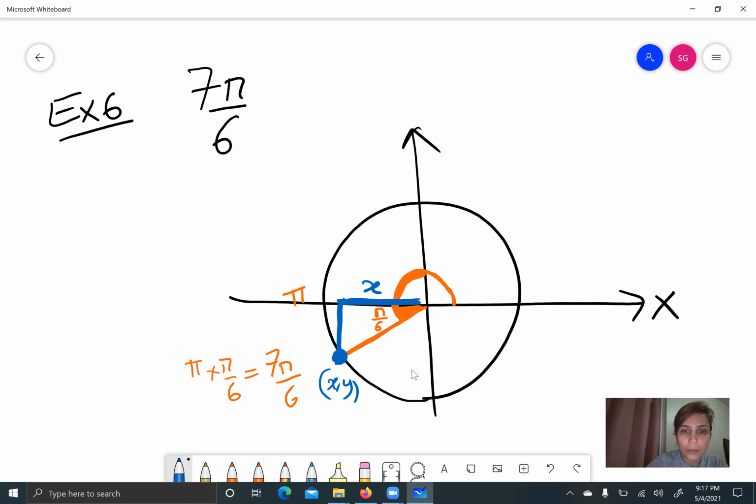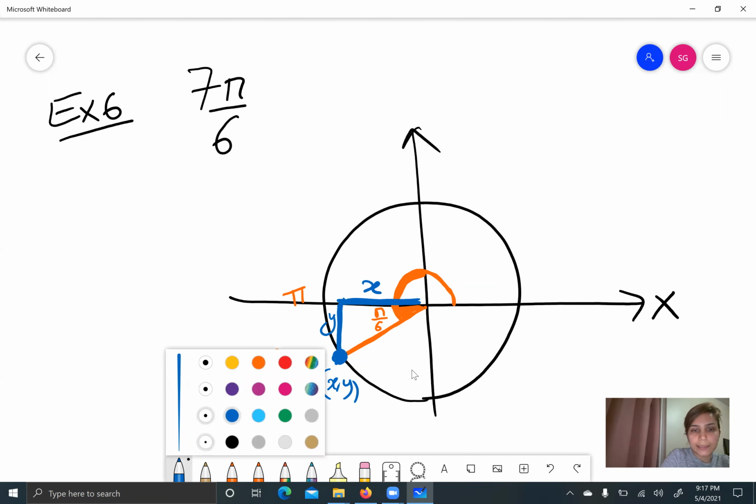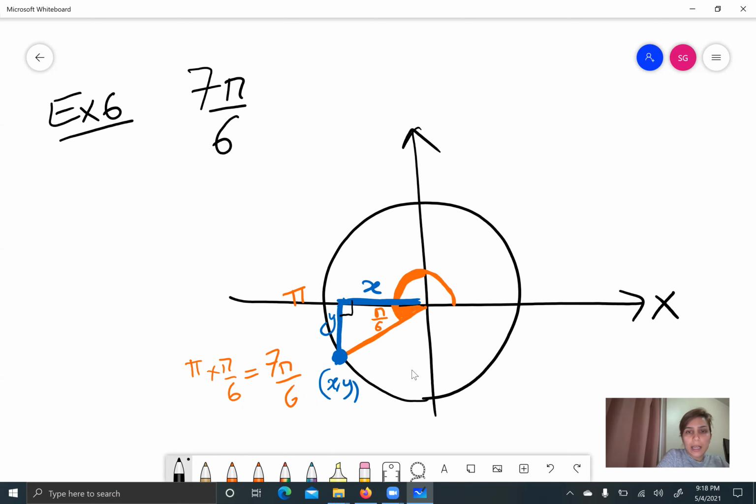Okay, so technically I can use pi over 6. The reference angle is pi over 6. You see that? For 7 pi over 6, the reference angle is pi over 6. It's the smallest angle to the horizontal axis. So I can use that.